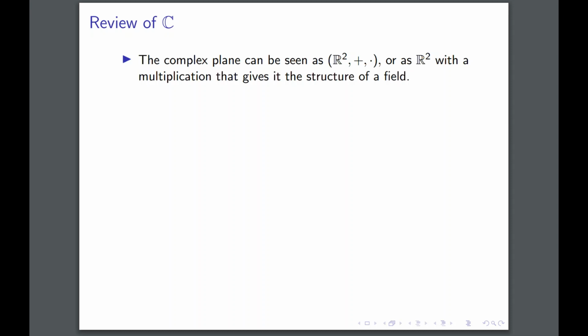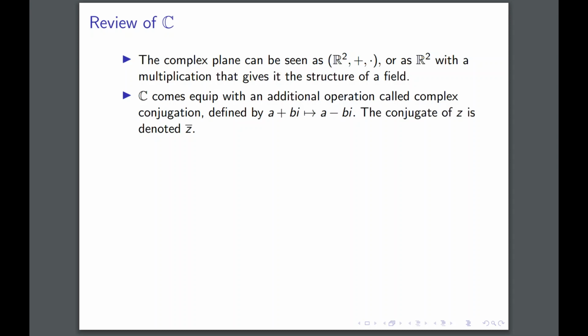And so now to just briefly review the complex plane, we have that it is just the underlying set of R2, the plane, with addition and multiplication to give the structure of a field. And we also note that C comes equipped with an additional operation that's called complex conjugation, which takes just the number a plus bi to a minus bi and is denoted z bar, where z is just a typical variable for a complex number.